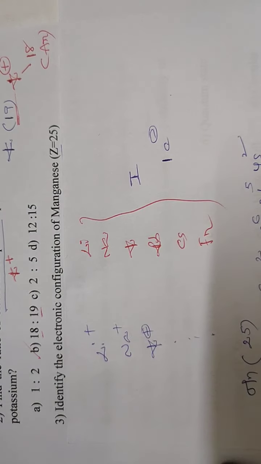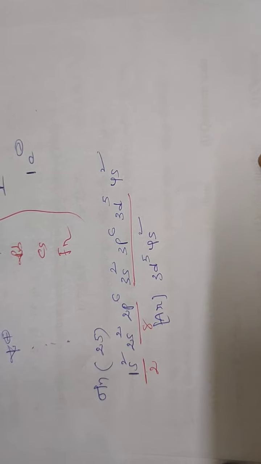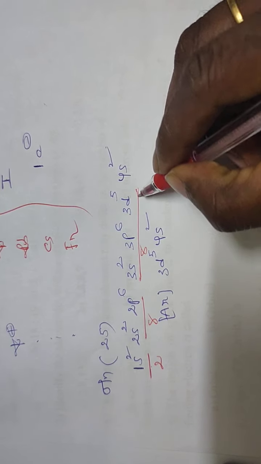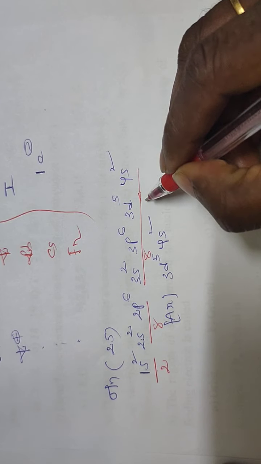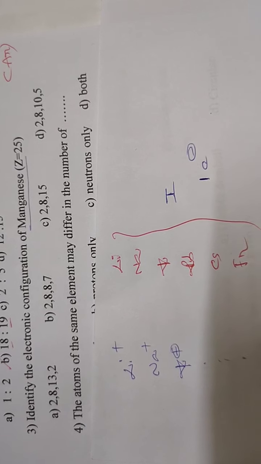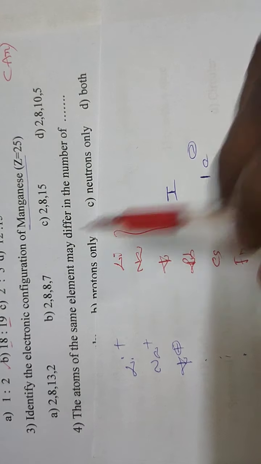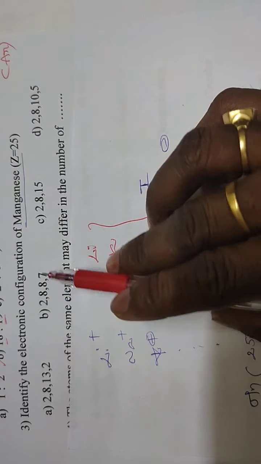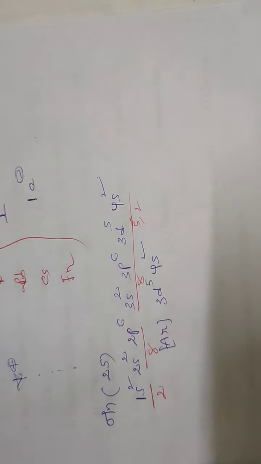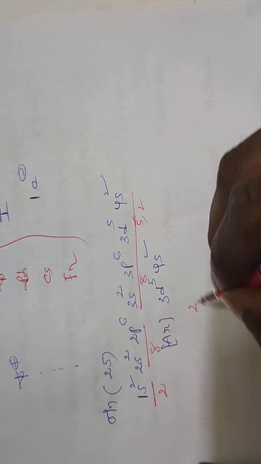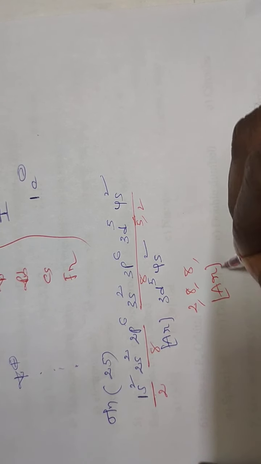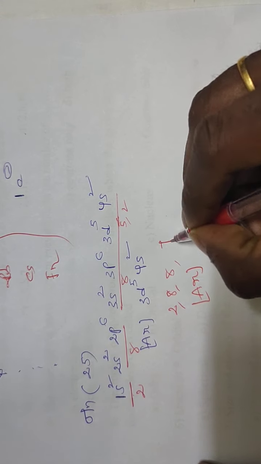See here. Okay, so the argon configuration is 2, 8, 8, and then 5 and 2, so totally it is 7 electrons. So here the correct option is 2887. 288 is the argon electronic configuration, 18, and then 7.